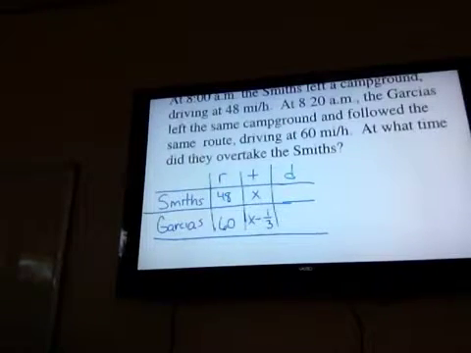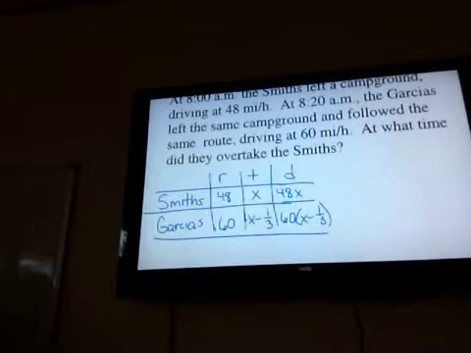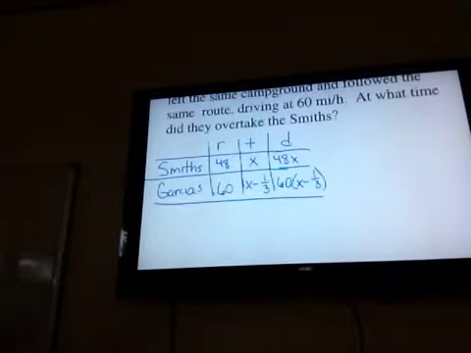All right, what I said at the beginning, where the distance box always equals your rate and time, this is what I mean. Distance is rate times time: 48 times x, and 60 times x minus 1/3. So the distance box is always the product of your rate and time. Then you decide, do I set the Smiths equal to the Garcias, or do I add them and equal a total distance?